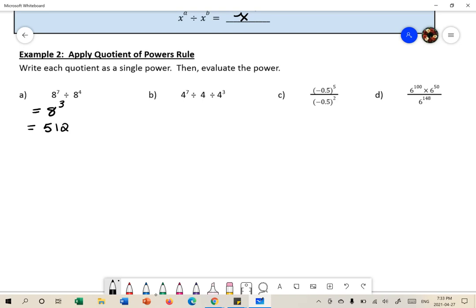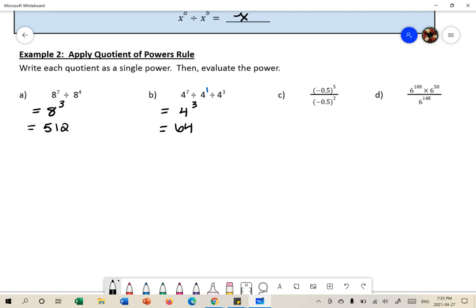Next, the base is the same, and we're going to subtract all of our exponents. And remember that this 4 has an invisible exponent 1. So 7 subtract 1 subtract 3 is 3. 4 cubed is 64.